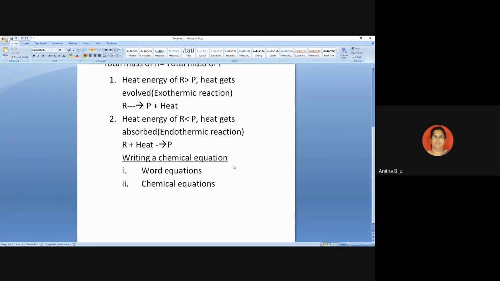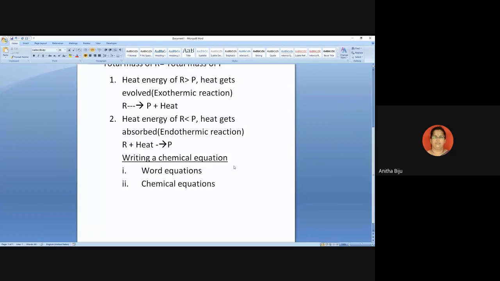But a chemical equation is something different. There are four different steps to write a chemical equation. Here we are not discussing balanced or unbalanced equations, we will simply say how to write a chemical equation. First of all, the symbols and formulae of reactants and products we have to express.